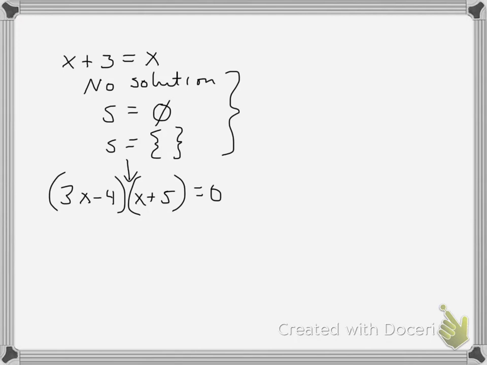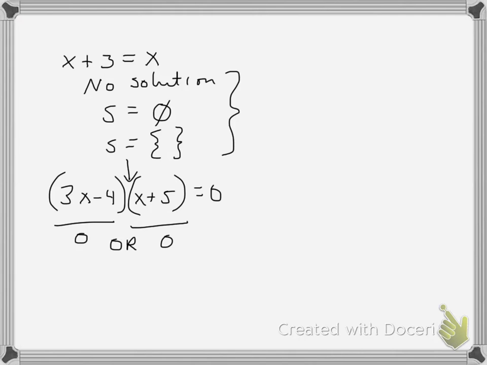So you're asking yourself fundamentally, what value times another value would equal 0? And I would only get a 0 for my answer if either this value equals 0 or this value equals 0. So I have to have 2 answers for this equation.